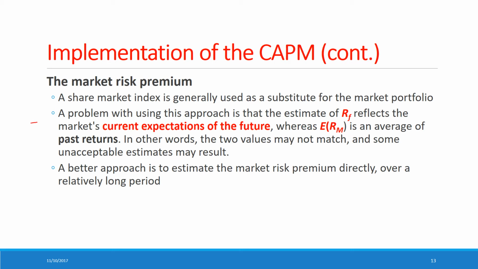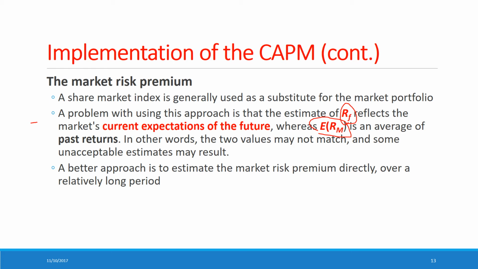So we mentioned before that with the measure of the market risk premium, or with the measure of beta, we're using past information to estimate the beta and the market returns. On the other hand, we are using the current market yield on government securities as our estimate of the risk-free rate, right? Those yields reflect the market's expectation for the future performance of the economy.